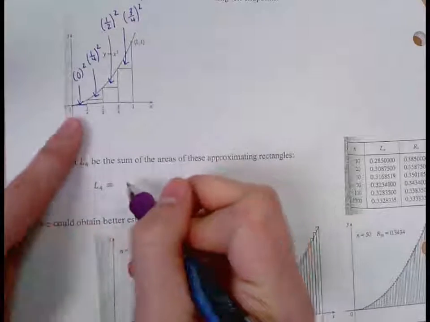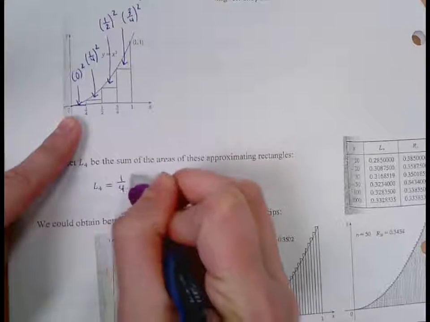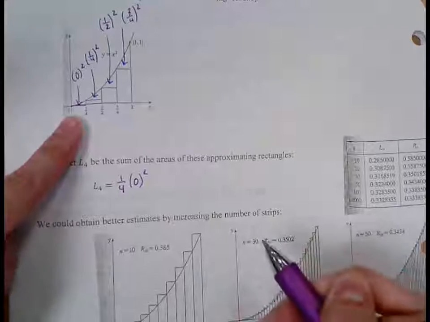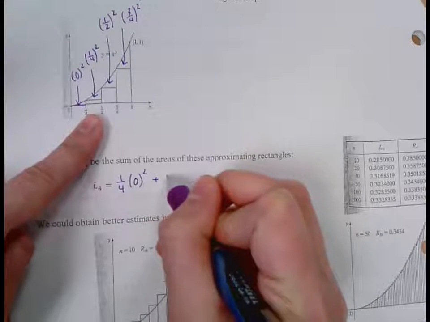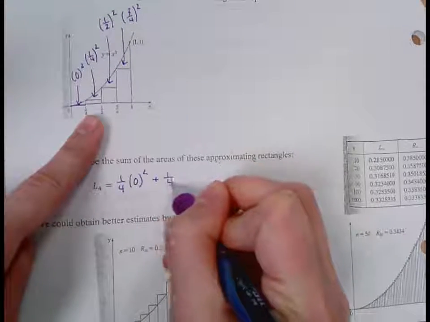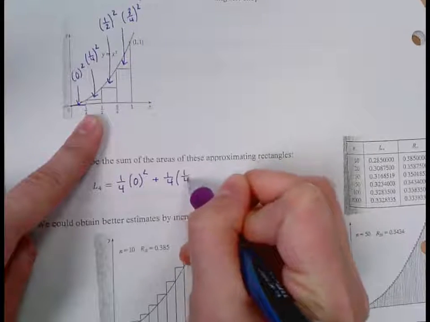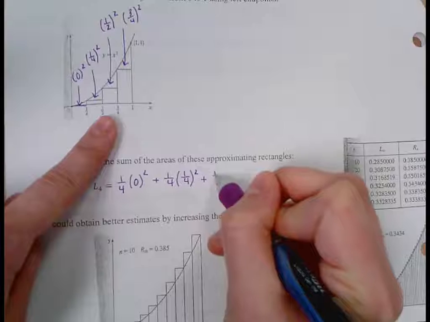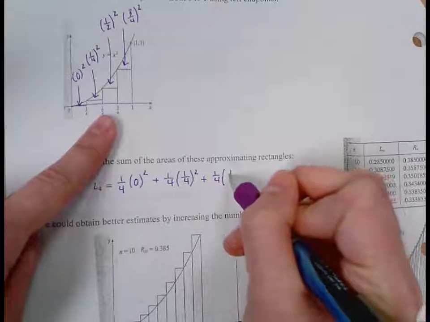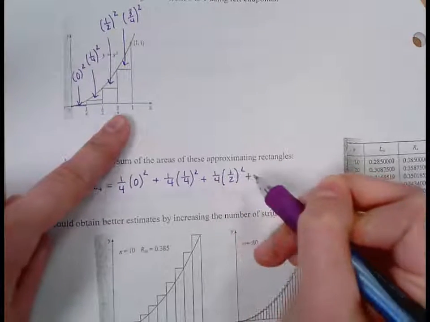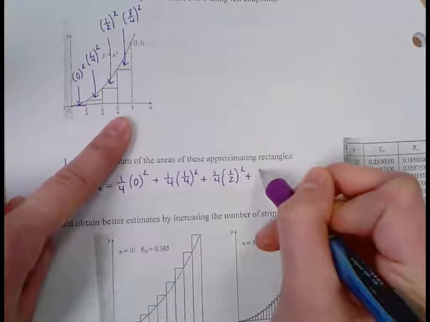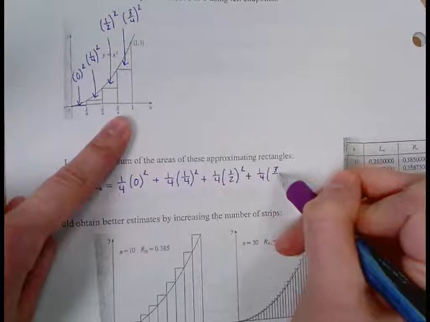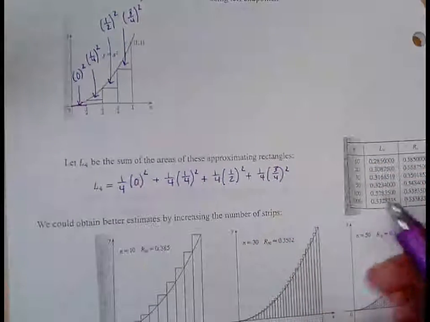So our first rectangle has a width of 1/4 and a height of 0 squared, plus the second rectangle has a width of 1/4 and a height of 1/4 squared. The third rectangle has a width of 1/4 and a height of 1/2 squared. And the last rectangle has a width of 1/4 and a height of 3/4 squared.